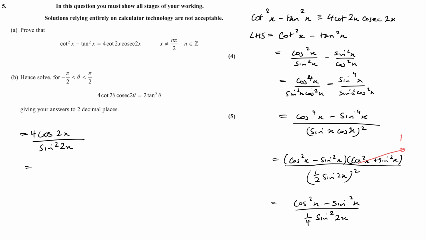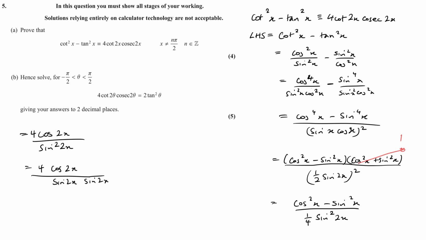Next I need to think about, right, I'm going to need a sine on the bottom to give me the cosec, and we've got cot, which is 1 over tan, so it's cos over sine. And we've got a sine squared, so we can split that up. So effectively we're looking at, and I'll take the extra step so you can see, over sine 2x, like that.